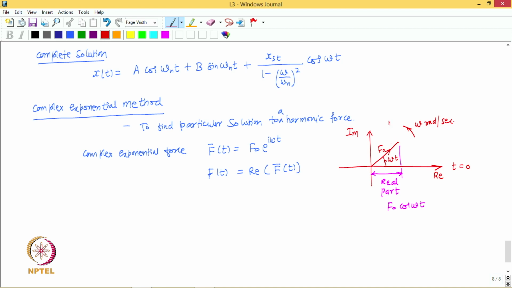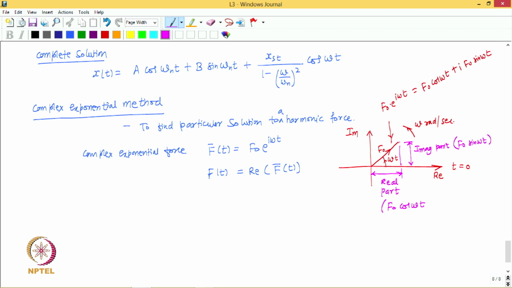So in vector notation, this vector is nothing but F naught e to the power i omega t, because it consists of two parts, F naught cos omega t plus i F naught sin omega t. And the imaginary part of this vector, which is this one, is nothing but F naught sin omega t.